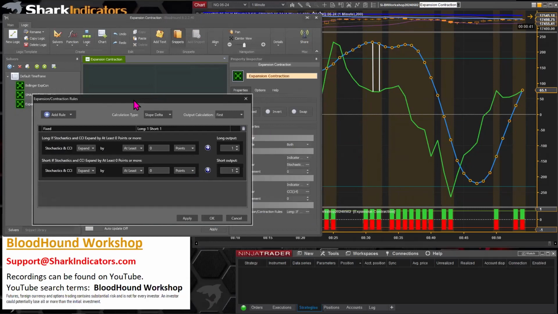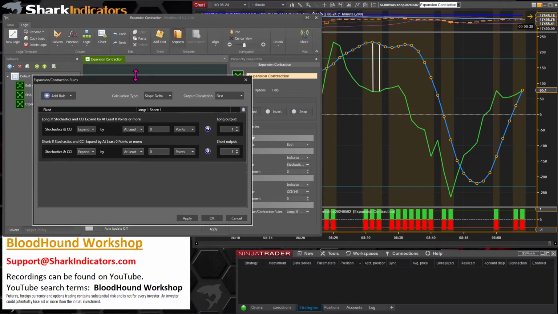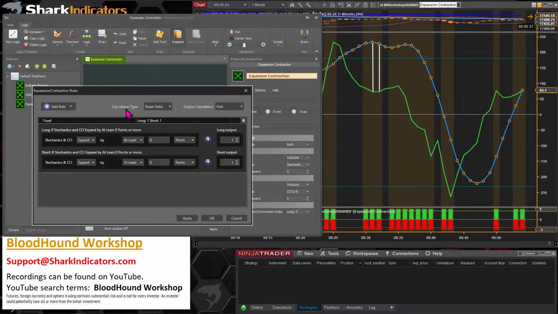Now, that kind of leads me into the one setting we haven't covered yet, which is the calculation type, right? So we have slope delta and distance delta here. And actually, let's switch this over to distance delta.